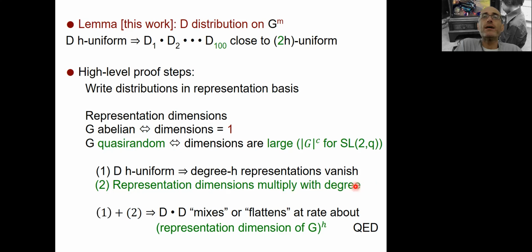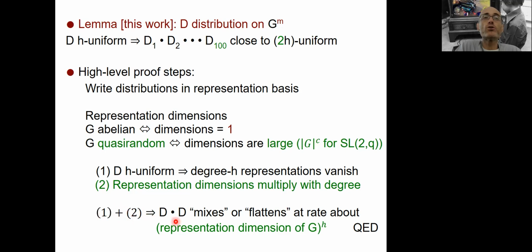You have degree H here, so that means that you multiply H representations. And this is something where you really use that the group is quasi-random. If it was abelian, you would multiply 1 and would still give you 1, which is not very exciting. Here you multiply something larger, so you get something even larger.